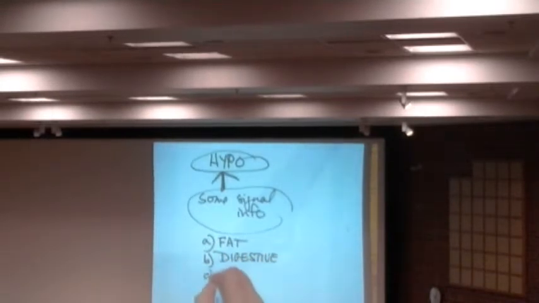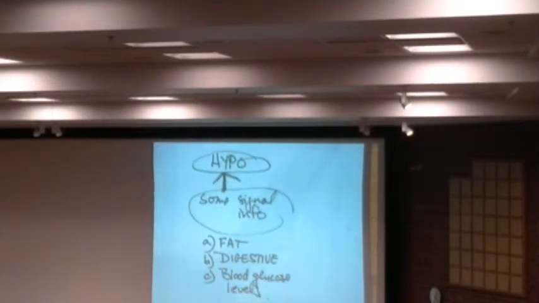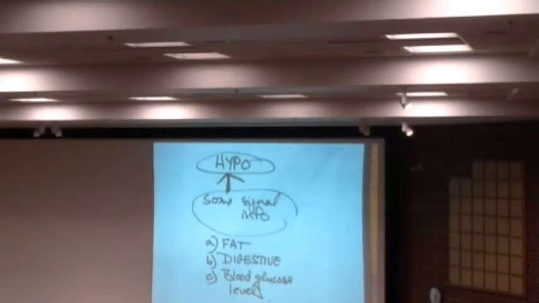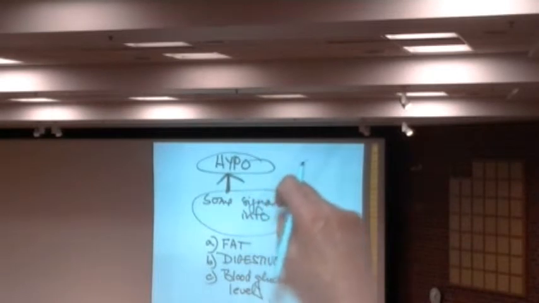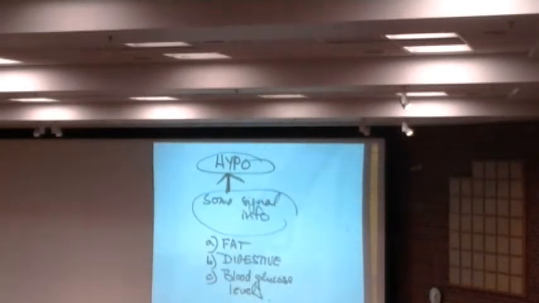And the third is through blood glucose levels. Three possible ways in which the hypothalamus can get information about what's happening out in the body. How much weight is present? How big is the body?